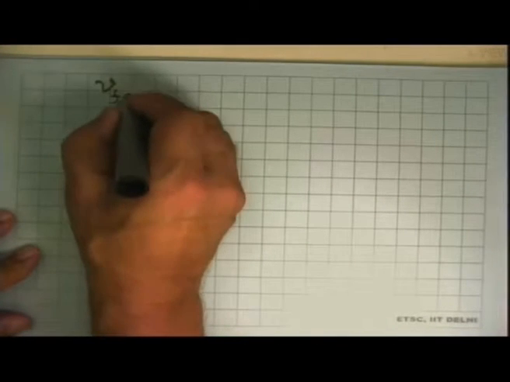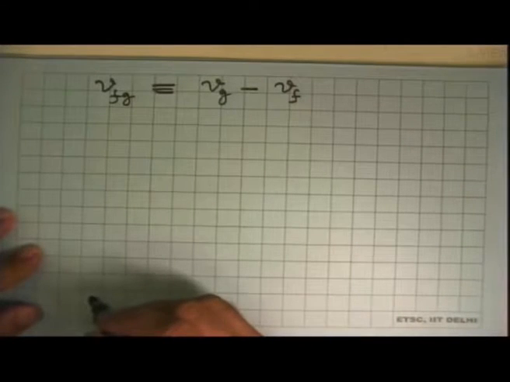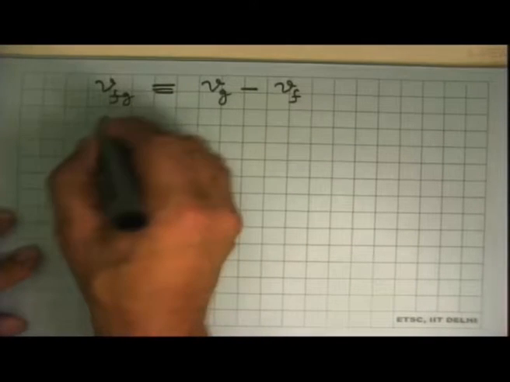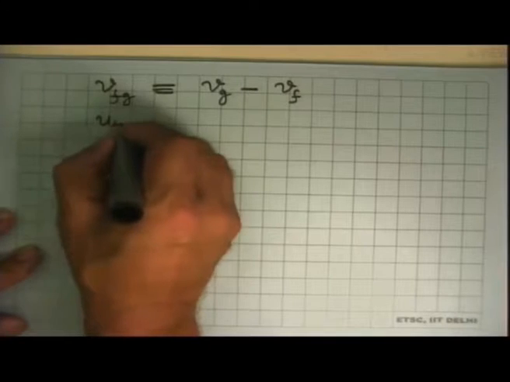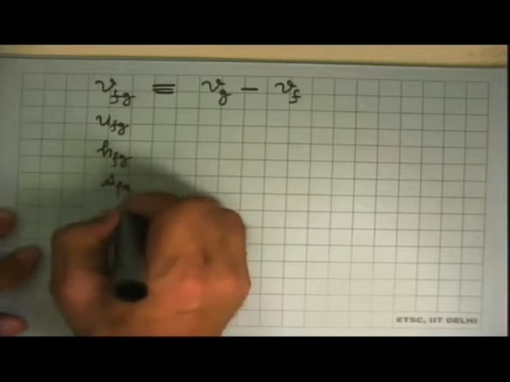And there is one more definition that comes in, and that has to do with the fact that we define a new term, Vfg, as Vg minus Vf. That means the specific volume change during the phase change. And similarly, we can define Ufg, Hfg, and Sfg.